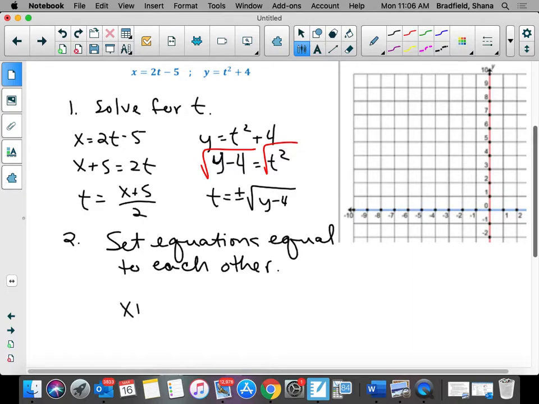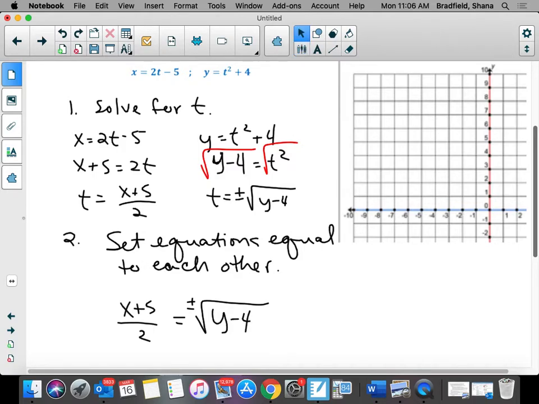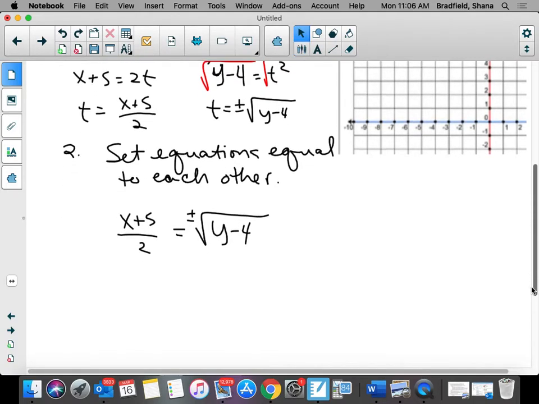Which means that I have (x plus 5) over 2 would be equal to plus or minus the square root of y minus 4. And then since I have a square root, I'm going to square both sides.